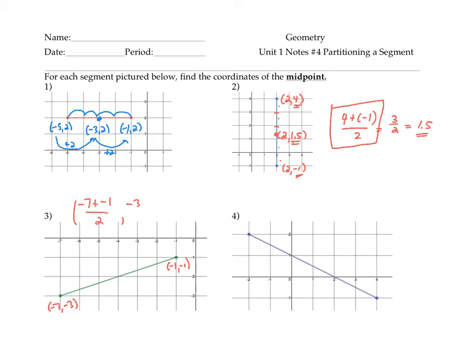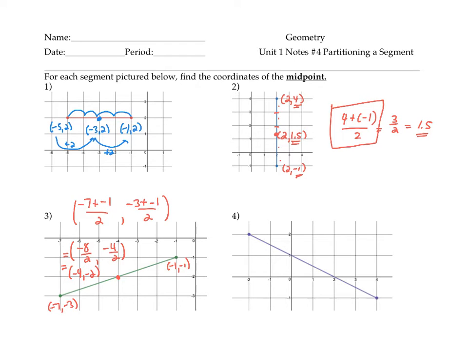Then take -3 plus -1 and divide it by 2. That's going to give us -8 over 2 and -4 over 2, which will result in our midpoint right here with coordinates -4, -2. And you can see that we can get that by counting as well.